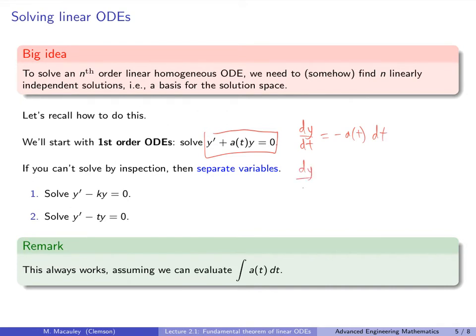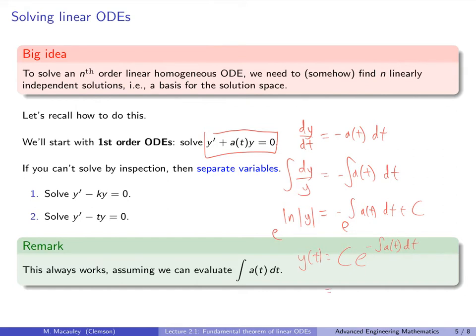We get dy over y equals negative a of t dt, and we integrate both sides, and so we get the natural log of the absolute value of y, and we get the negative integral of a of t dt. So we exponentiate both sides, and we get plus c there, slightly abused notation. So we get y of t equals c e to the negative integral of a of t dt.